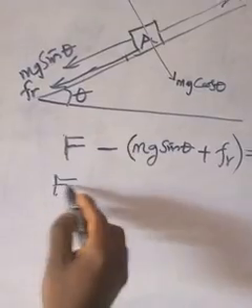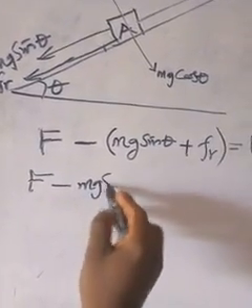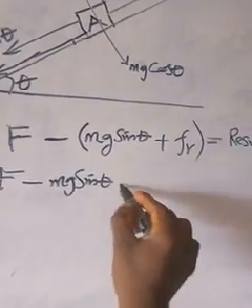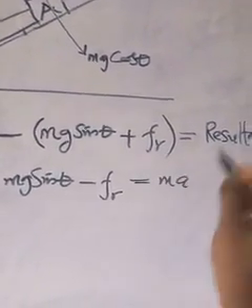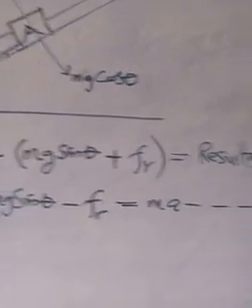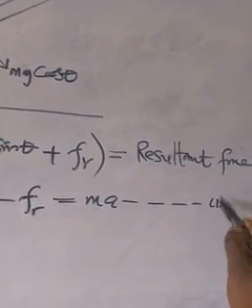If you remove this bracket, we have F minus mg sin theta minus frictional force equals mass times acceleration. I'll call this equation 1.